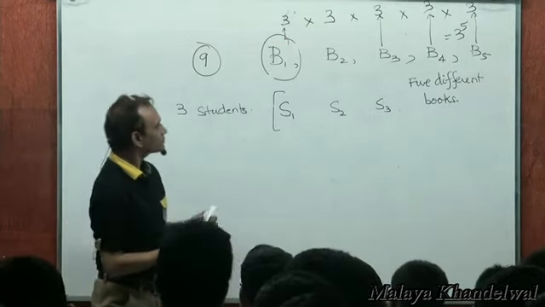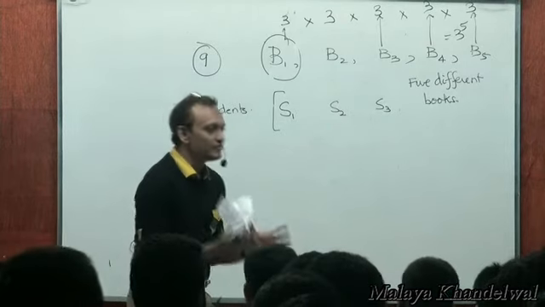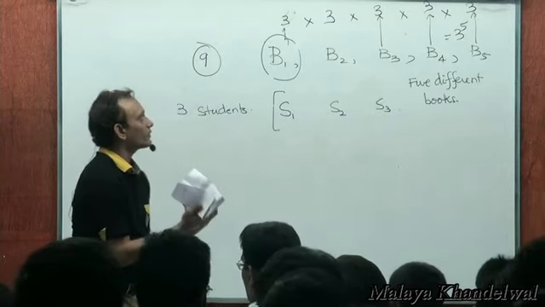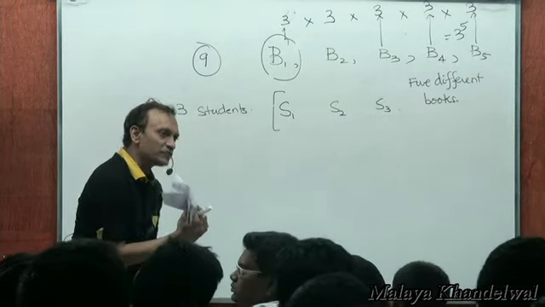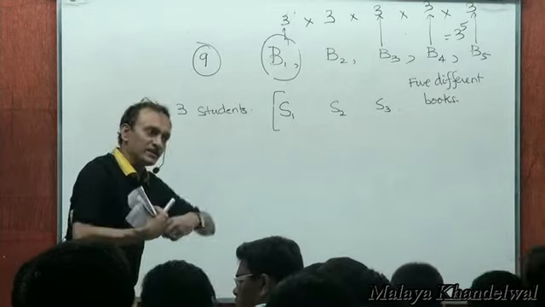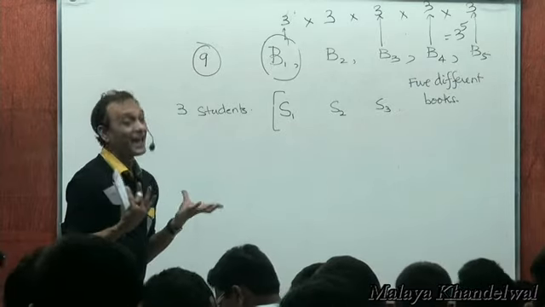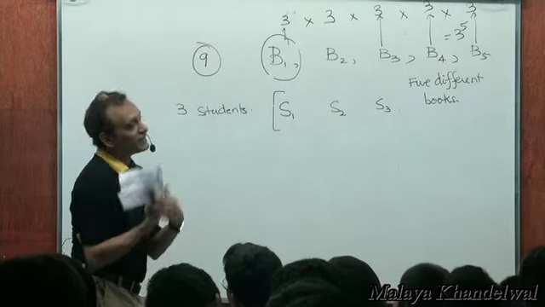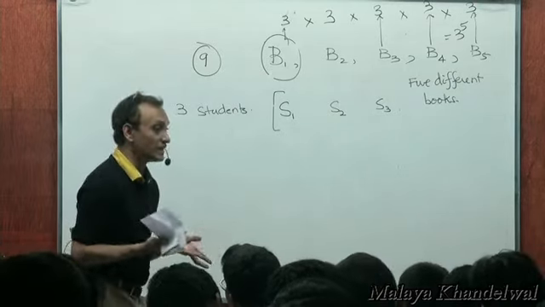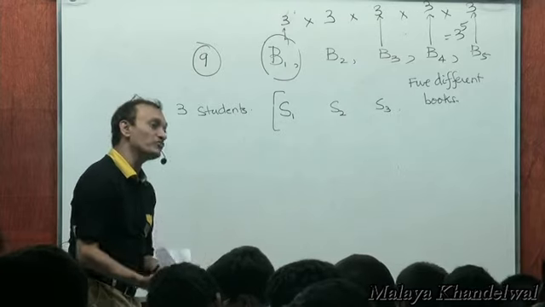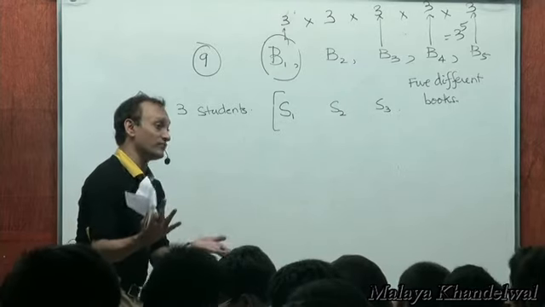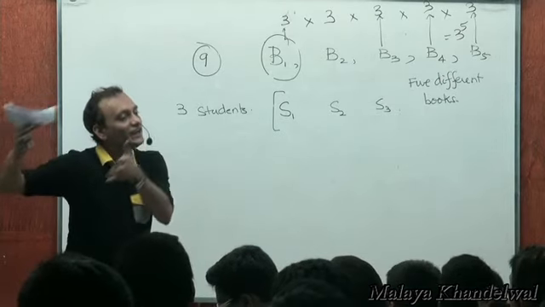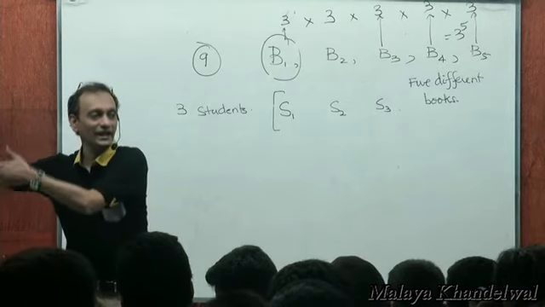Yeah, absolutely. I'm saying in your endeavor to allocate books to students, you would look at 5 events. Event 1, allocating book B1, and then event 2, allocating book B2, and then event 3 allocating book B3, event 4 allocating book B4, event 5 allocating book B5, and it's event 1 and event 2 and event 3 and event 4 and event 5.